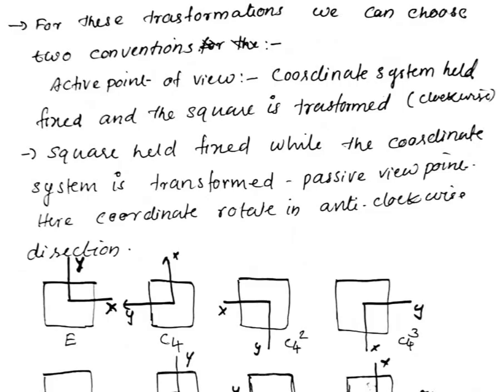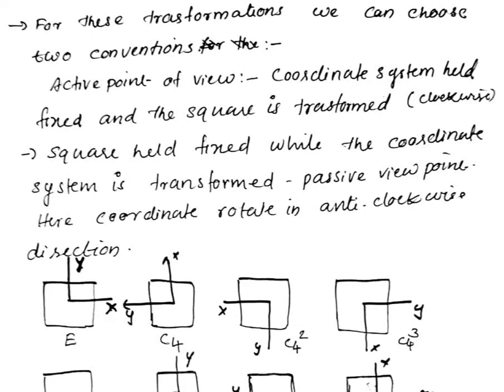So we can take a convention. That is, when I asked you to rotate a square, you usually rotate the square in the clockwise direction, and you keep your XY axes unchanged. So that we did in our previous topic. That type of rotation is known as the active point of view of rotation.